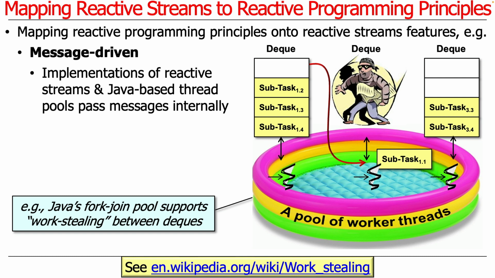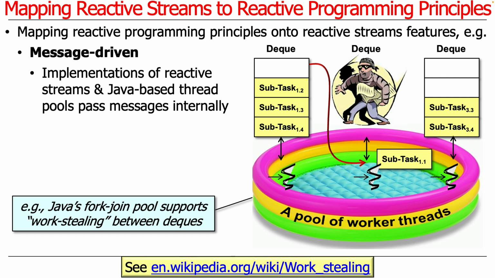Implementations of reactive streams like RxJava and Project Reactor, as well as bits and pieces of Java that can be incorporated by reference into the reactive streams frameworks, like the fork join pool, use message passing internally to provide the capabilities and scalability and location transparency and so on for the abstractions that they are offering to the users.